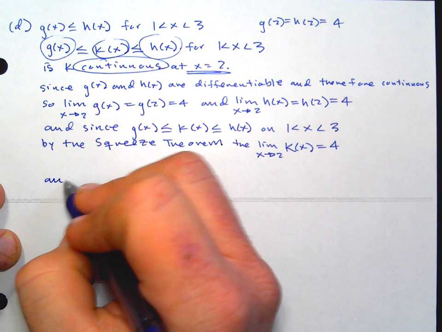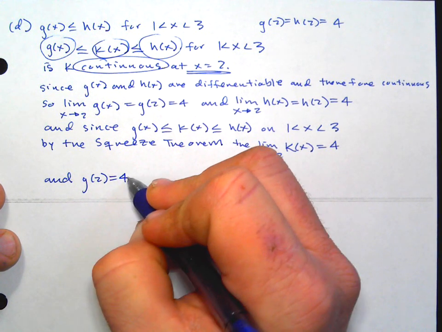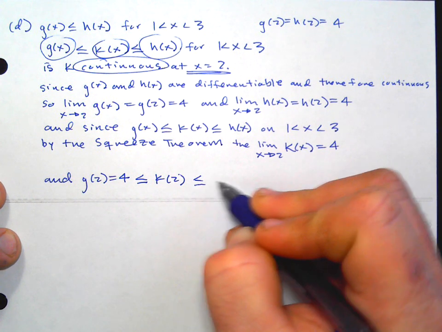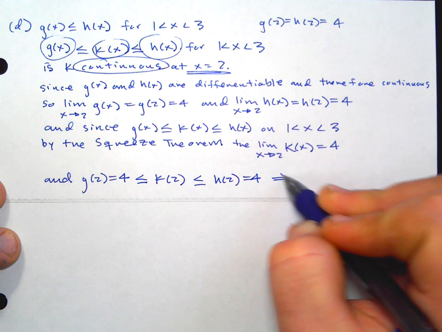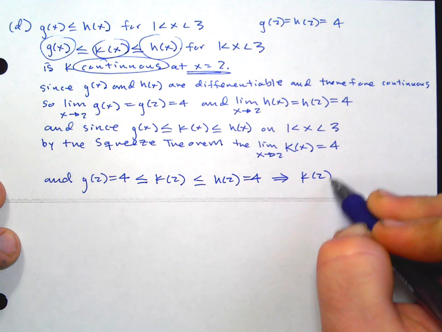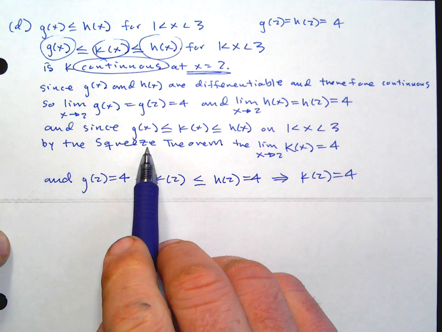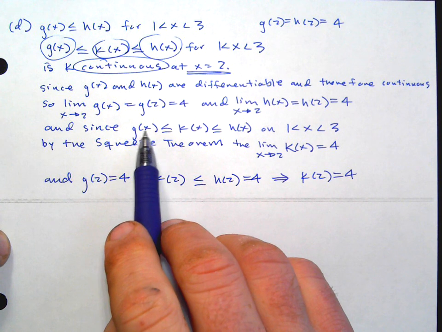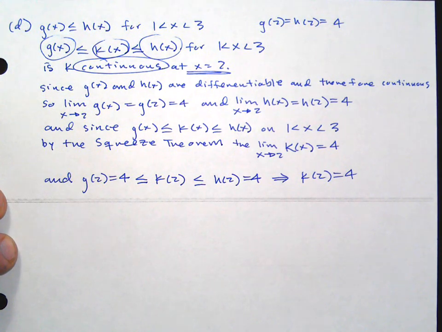And g of 2 equals 4, which is less than or equal to k of 2, which is less than or equal to h of 2, which equals 4. Then k of 2 equals 4. So we first are showing that the limit of k as we approach 2 is the same as the limit of h and g, since they're differentiable and continuous, and we know their value.